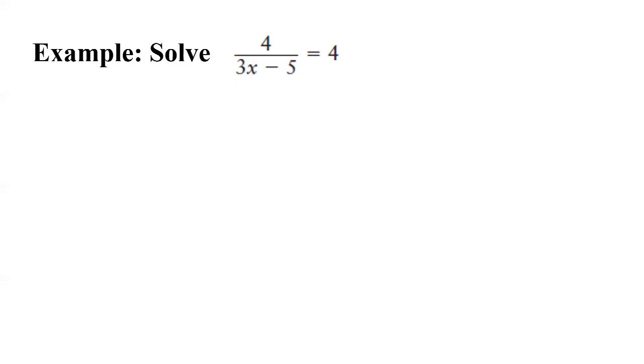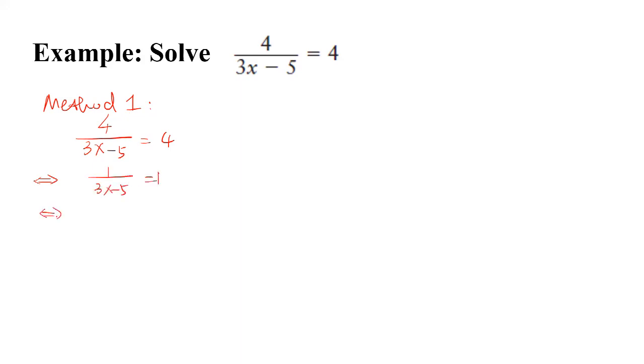Have you finished? As we mentioned, there are two methods. Let's have a look at method 1. The original equation is 4 over 3x minus 5 equals 4. This is equivalent to, first of all, dividing both sides by 4, which is equivalent to the original expression.